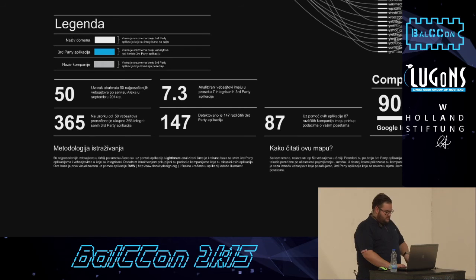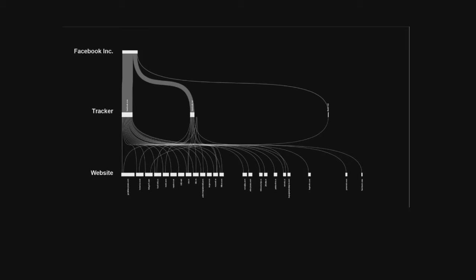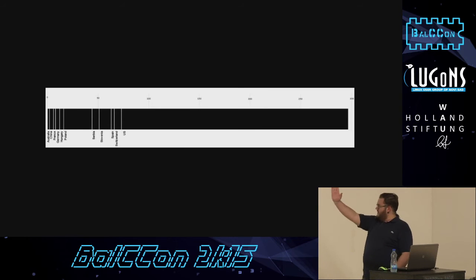I'm not going to go too much into detail regarding this, I think we could skip this, because this is an interesting one. It's the proportion of where these companies that own the cookies come from. So you can see this big black stripe, it's the US, of course.